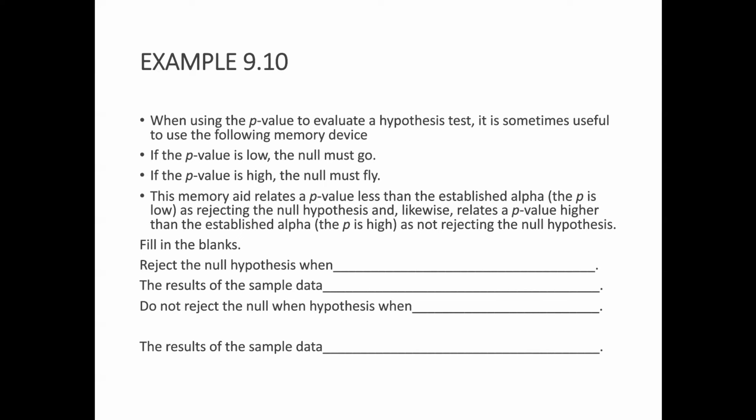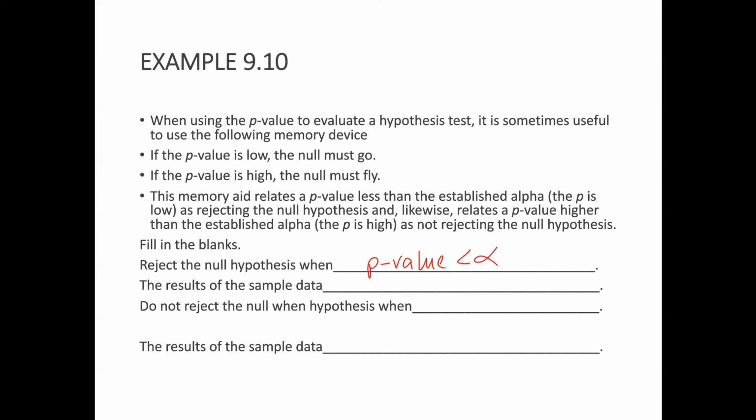This memory aid relates a p-value less than the established alpha, if the p is low, to rejecting the null hypothesis, and likewise relates a p-value higher than the established alpha, the p is high, to not rejecting the null hypothesis. So we reject the null hypothesis when the p-value is less than alpha.